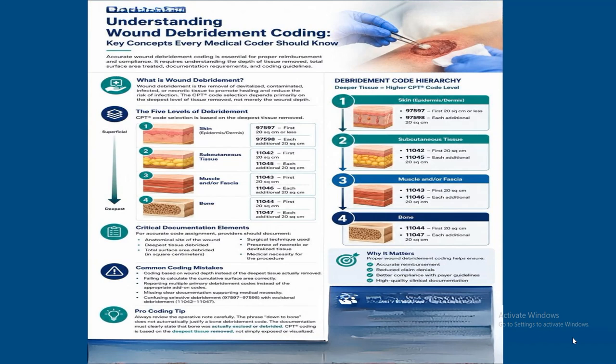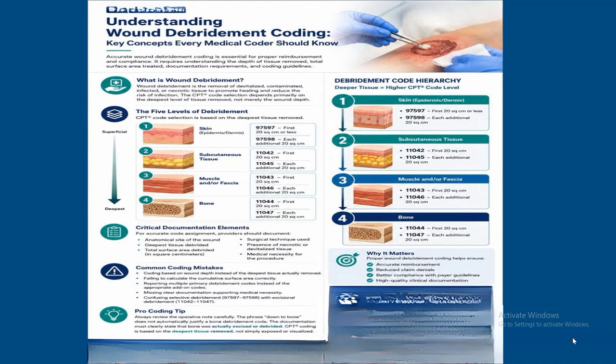Next, we also need to check the total surface area debrided, whether it is less than 20 square centimeters or more than 20 square centimeters. And what is also important here is that if the documentation contains diameter in centimeters, we need to convert it into square centimeters, because these code descriptions are based on square centimeters, not centimeters.